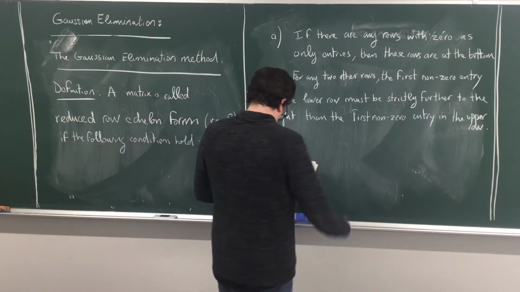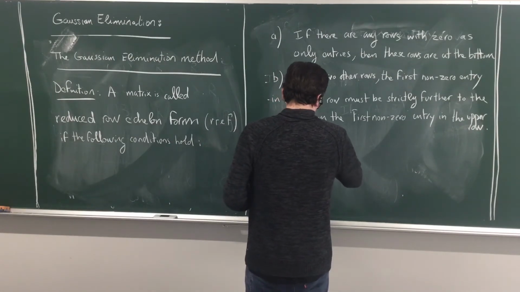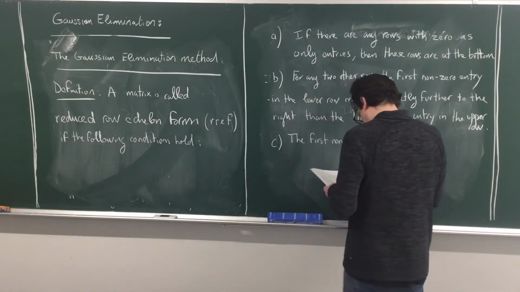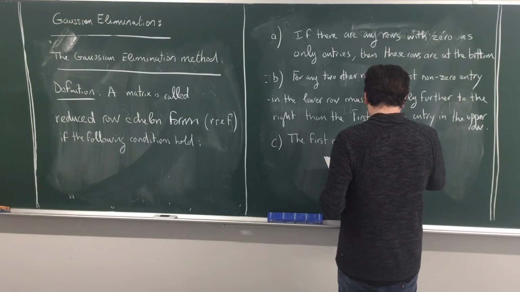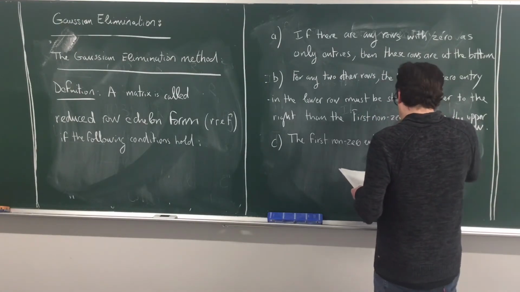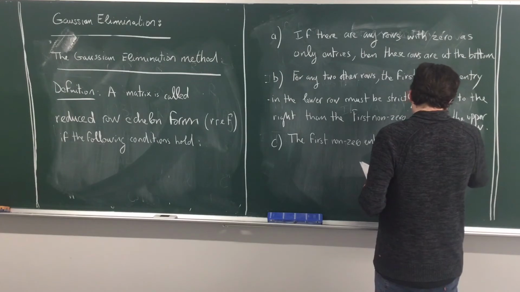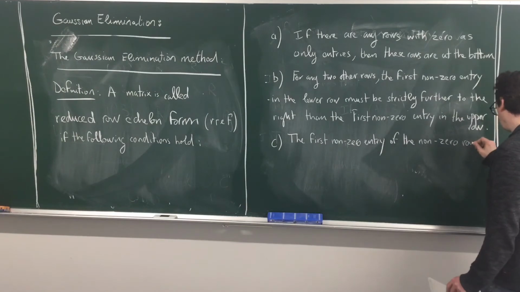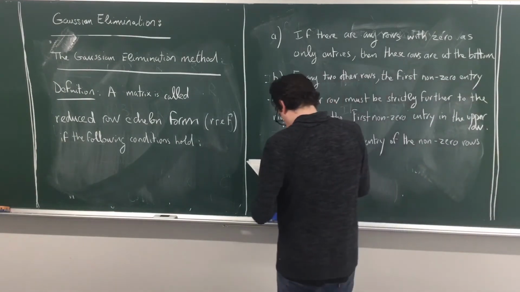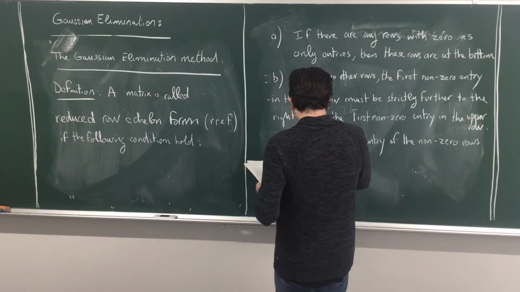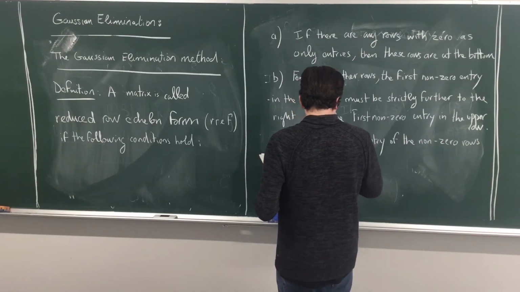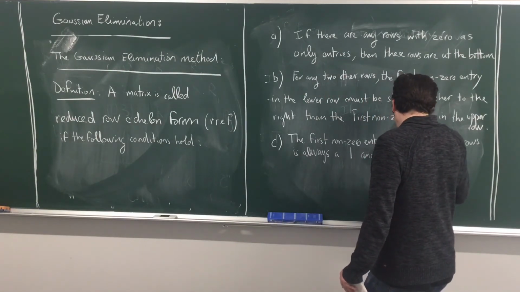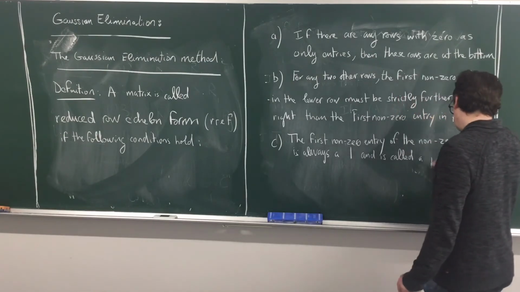The third condition: the first non-zero entry of the non-zero rows is always a 1 and is called a pivot.